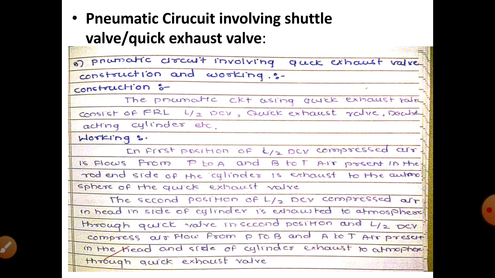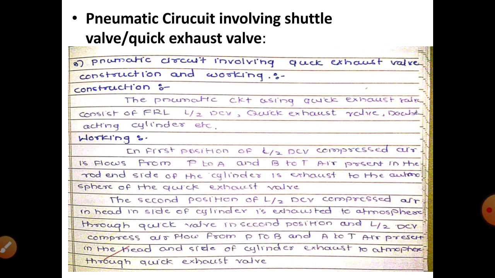The next point is the working of the circuit. In the first position of the DCV, compressed air flows from P to A and B to T. Air present in the rod end side of the cylinder is exhausted through the quick exhaust valve.